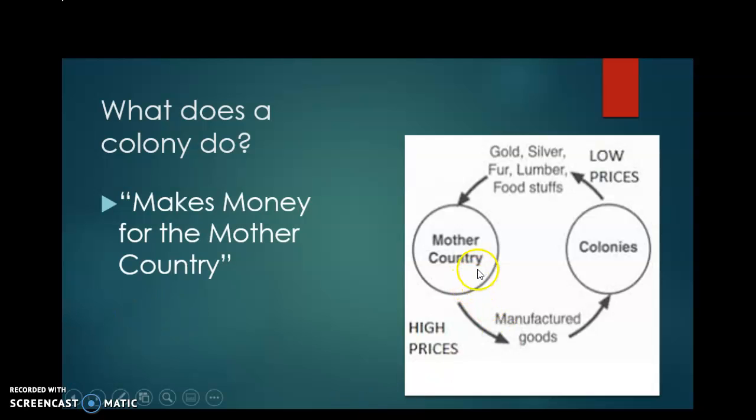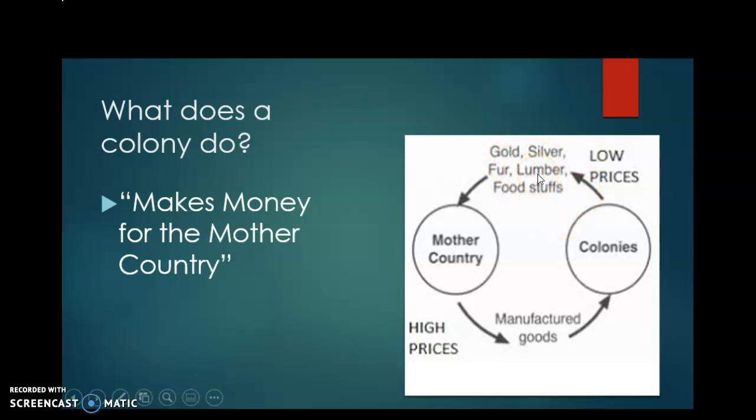So we have our mother country over here, and as the video said, they plant their flag on a colony, and they own that. They make laws from that. So here's what the colony does. This is how they make money. A colony will send all the resources from the colony to the mother country: gold, silver, fur, lumber, foodstuffs.